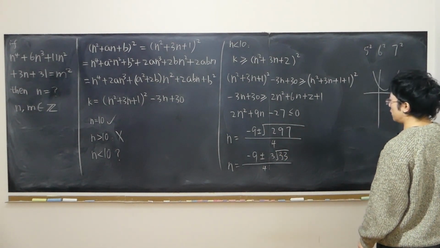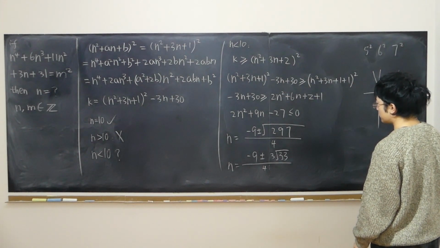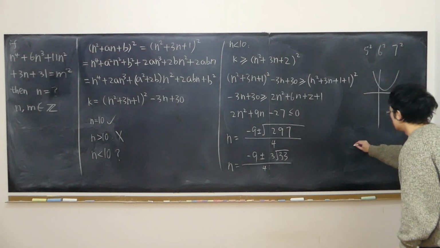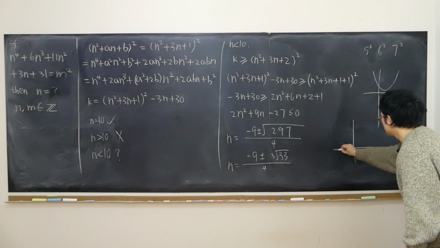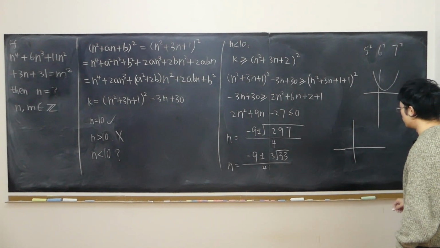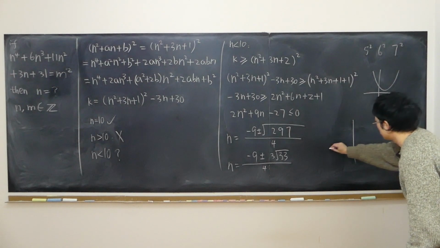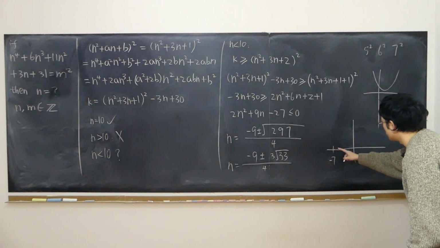Then we could quickly work out, in the end, I'll just skip the steps. In the end, we will find out its two roots: one of the roots is strictly larger than minus 7, somewhere here, right?